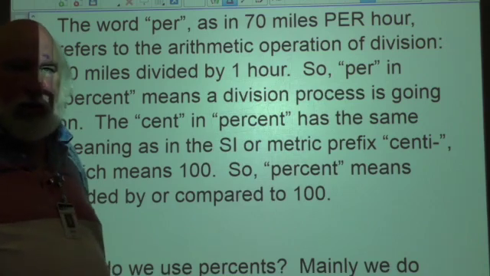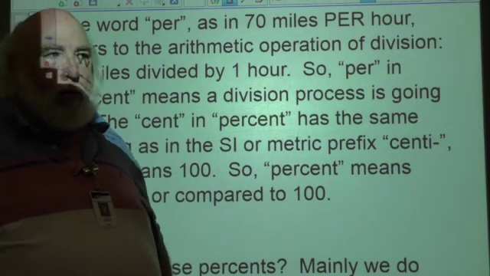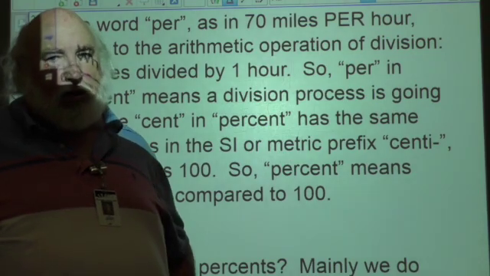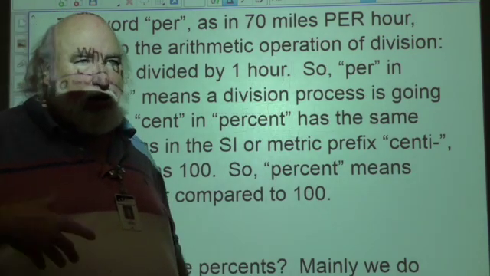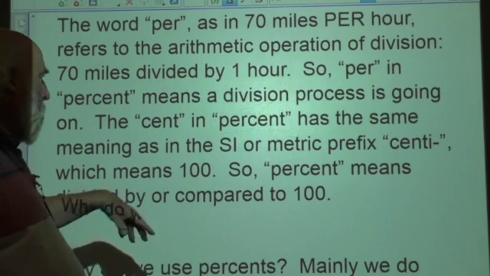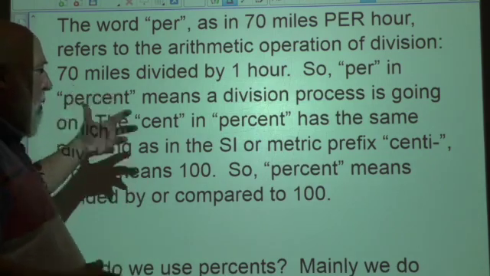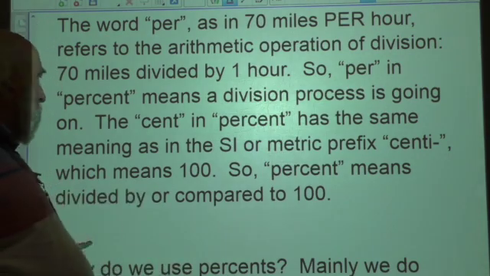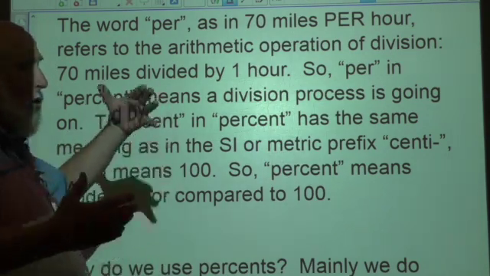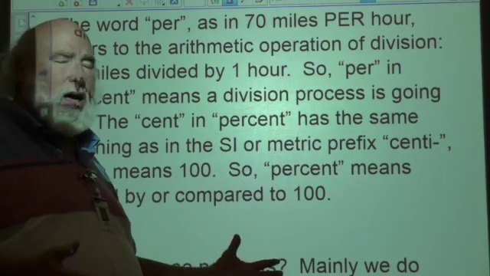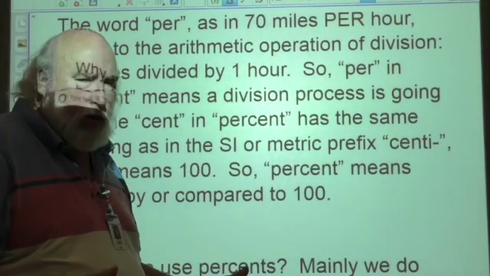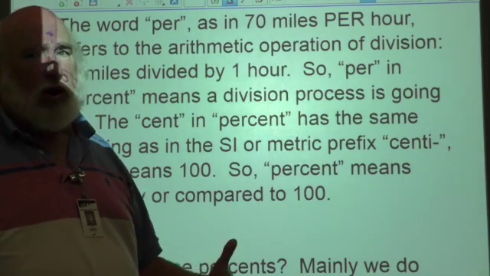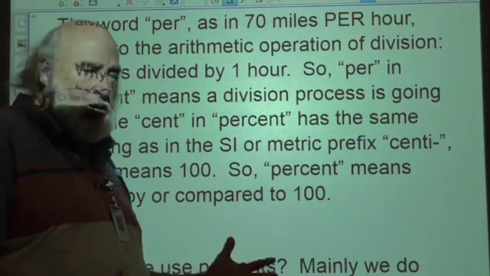In Roman days, a centurion was a member of a brigade of soldiers that contained exactly 100. Centurion, cent, 100. So percent means you're going to compare with 100, or divided by 100, or multiplied by 100, whatever it is we're doing. But it's per 100. So if something is 50%, it's 50 parts divided by 100. And as we know, 50 divided by 100 is 1/2. This is why 50% is 1/2.